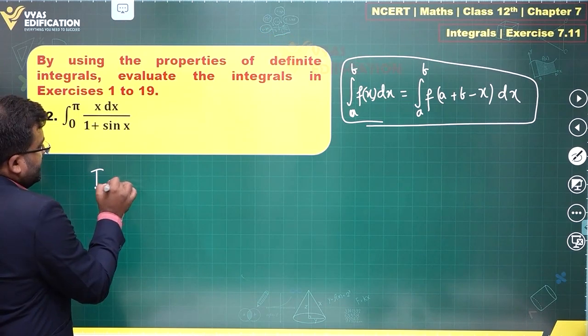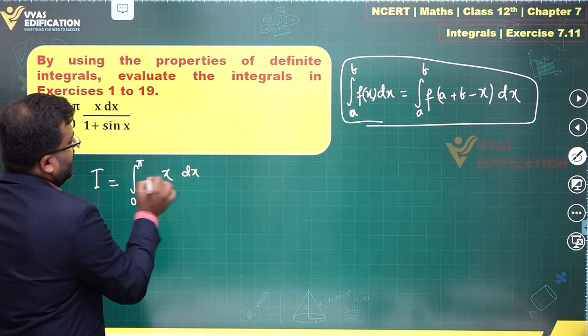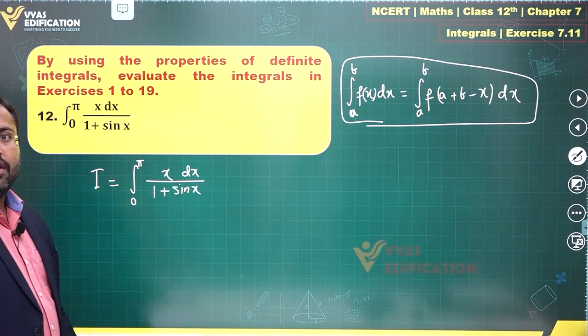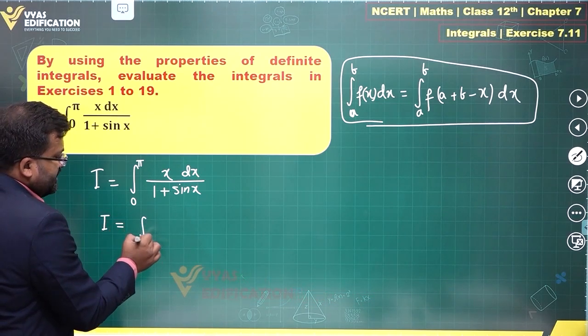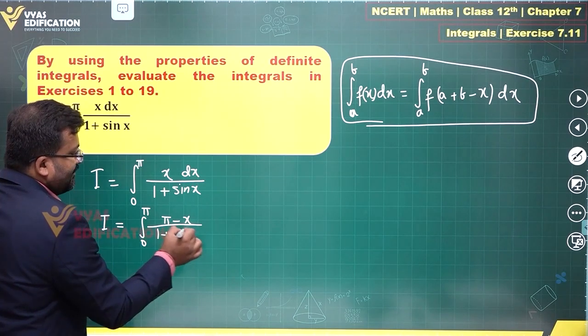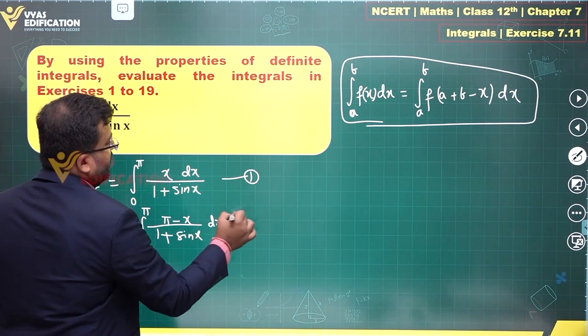So I, which is integral from 0 to pi x dx upon 1 plus sin x, this is what you have. I is also equal to integral 0 to pi, pi minus x upon 1 plus sin of pi minus x, which is again sin x, dx. This is 1, this is 2.